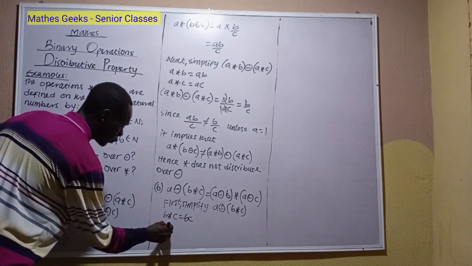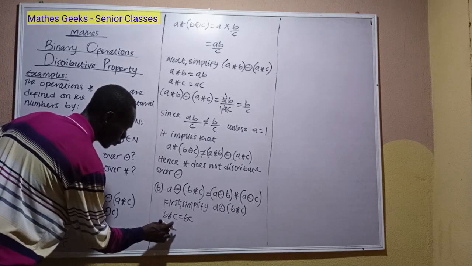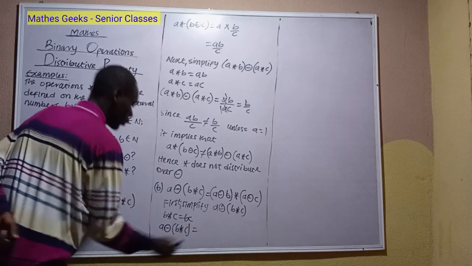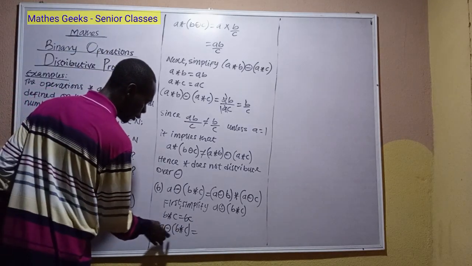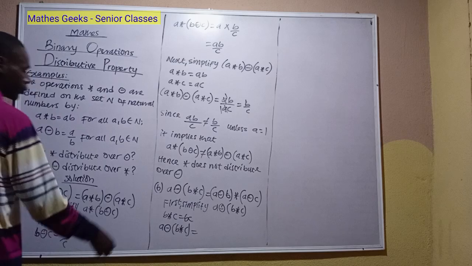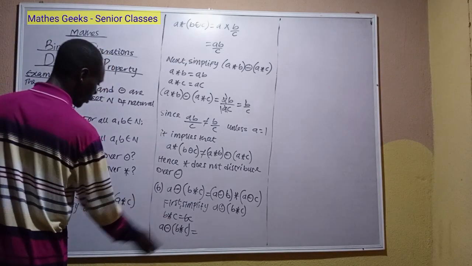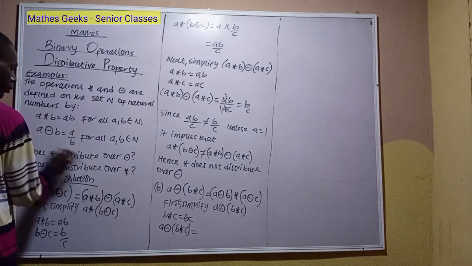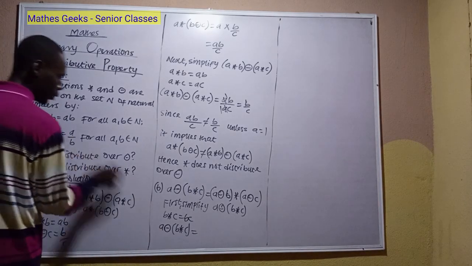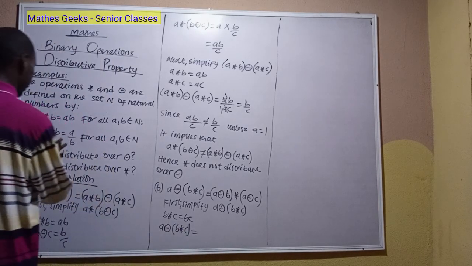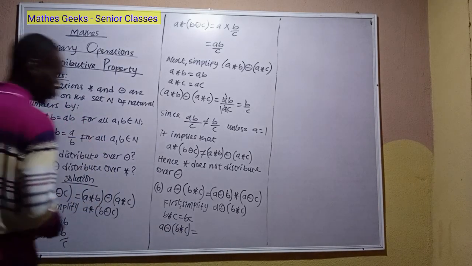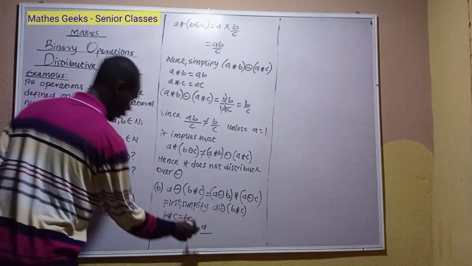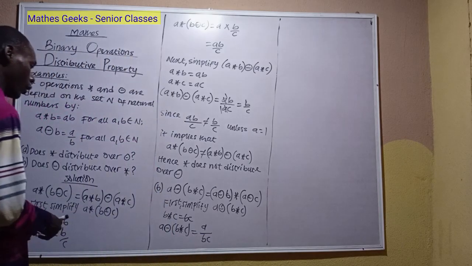Therefore A operation B star C is equal to A operation BC. Because O distributes over star, we use this O operation: A remains A and B star C replaces B. The operation is A over B, which gives us A over B star C, which is BC. So A over BC.